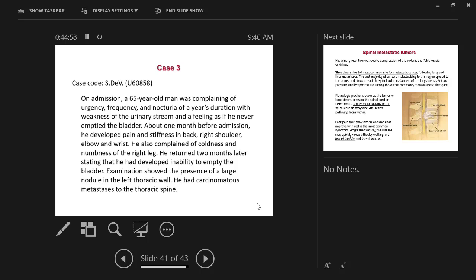Thank you. So the third case is also the same. The chief complaint is a micturition problem, a bladder problem. So you may want to just send the patient to the urologist right away.